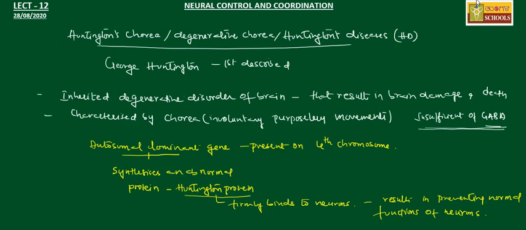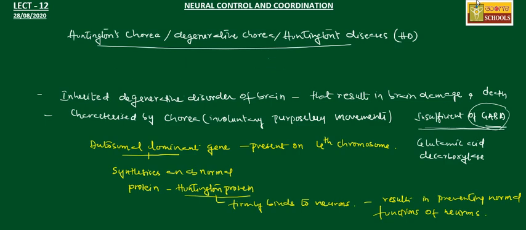Of course, the enzyme required for the formation of GABA, called glutamic acid decarboxylase, is also present in very low quantities, and because of that the synthesis of GABA is reduced.